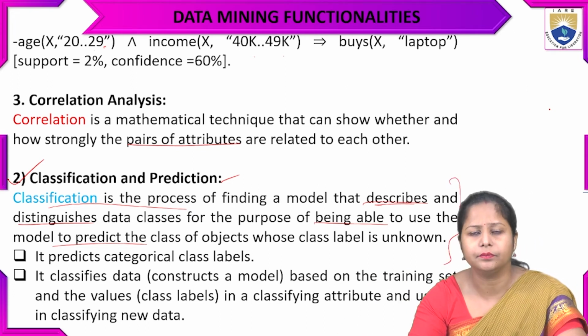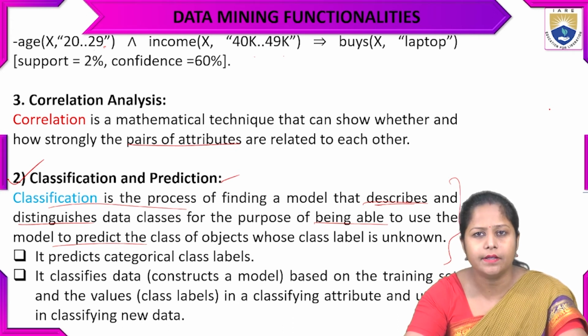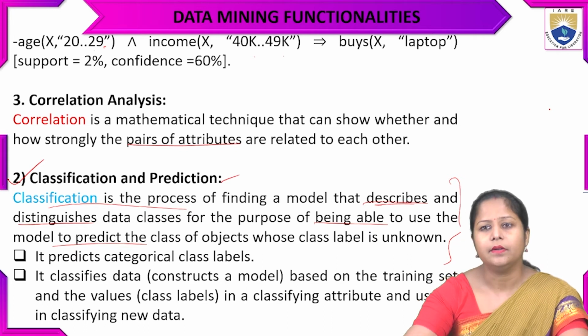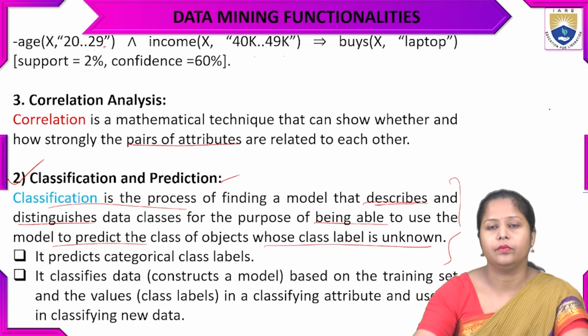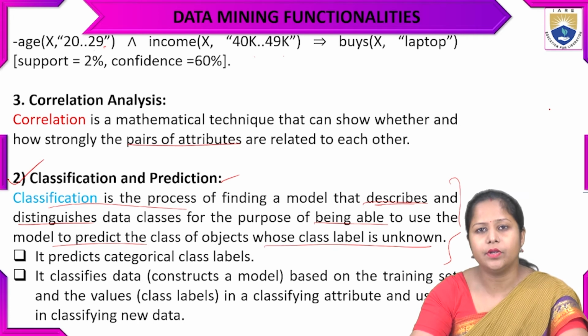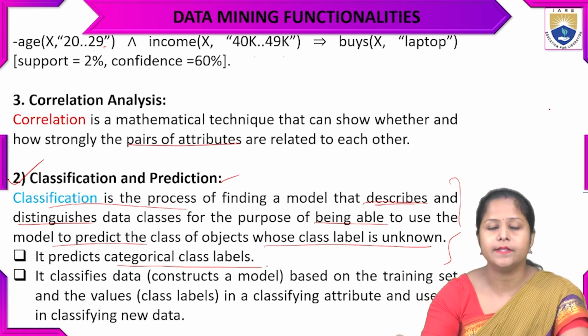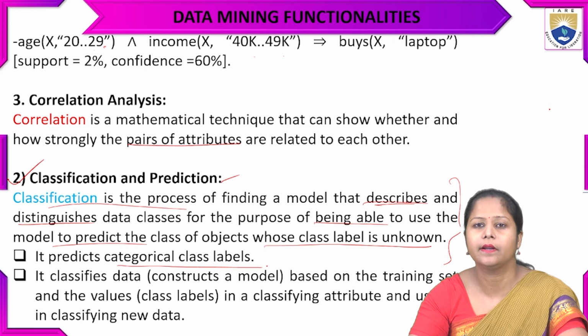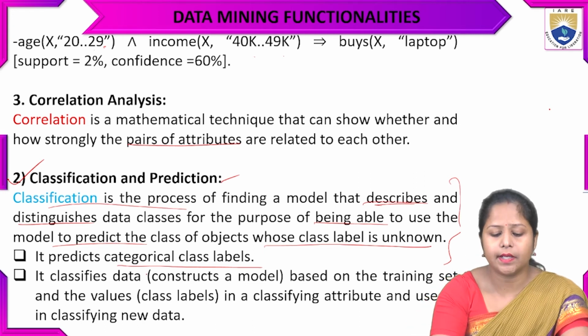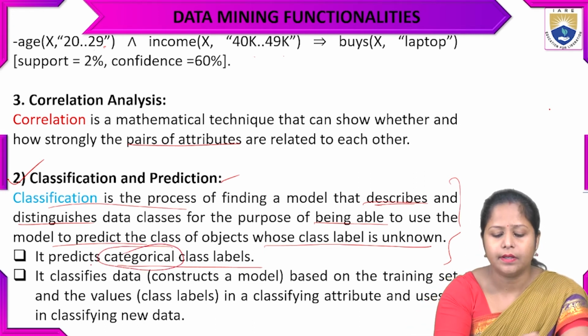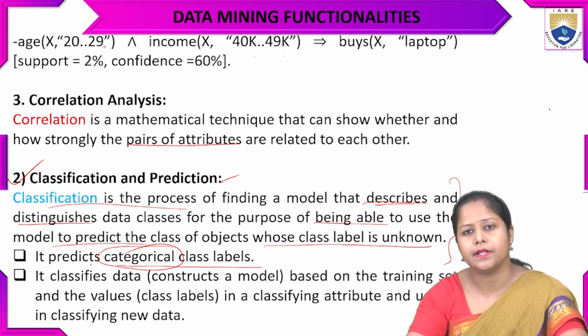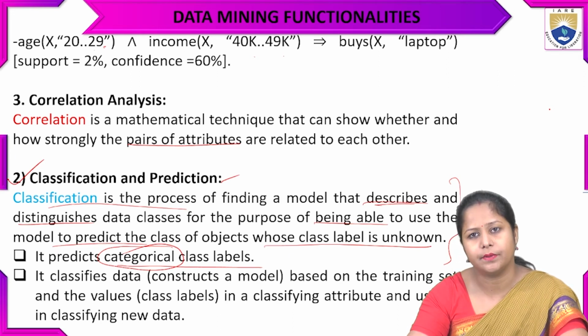It means classification is going to find a model that is going to describe the data class, right? On the basis of the class label that is unknown, it is going to predict the categorical class label. So basically classification works on categorical data types.